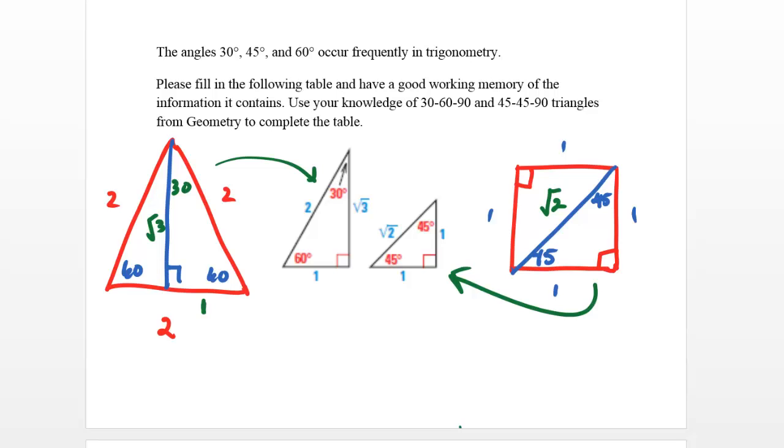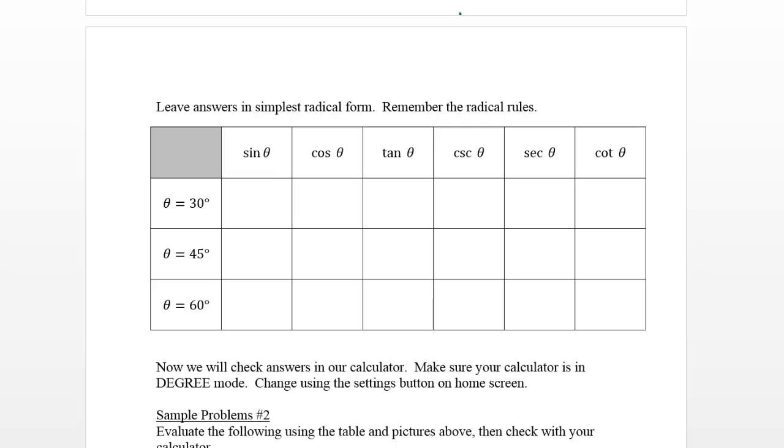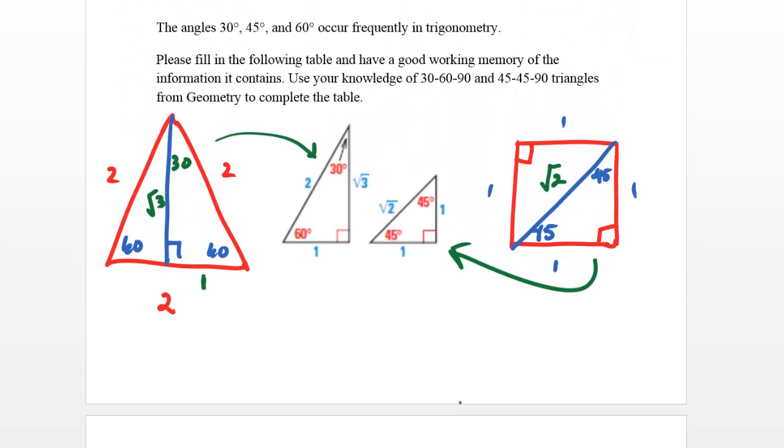If we look here, we're going to look at this table. We have a table where we want you to find the sine of 30 degrees. And so we would look back at our given triangle, 30, 60, 90, and I would look at 30 degrees, and I could see that sine is opposite over hypotenuse, so that would be 1/2.